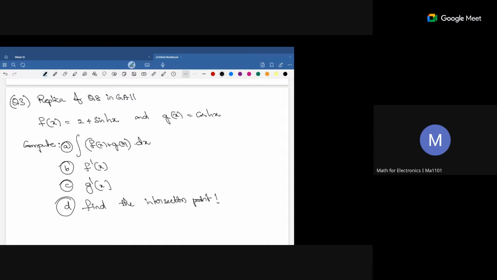We have discussed how 2 plus sine hyperbolic of x behaves and how cos hyperbolic of x behaves. We can actually compute part A, part B, part C. Once you are done with those, think of how to get the intersection point.